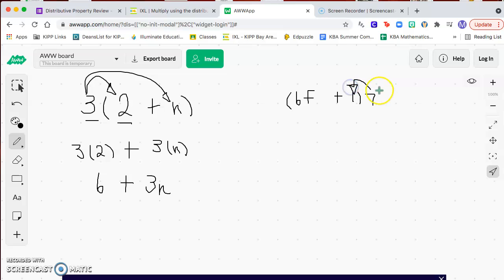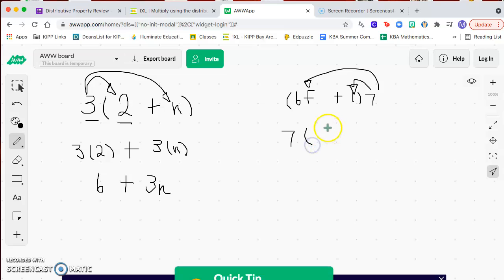Order doesn't really matter with multiplication. Or what you could do is change it so that the 7 just moves to the other side if that's something that you are more comfortable with. So regardless, all it means is you're multiplying the 7 with 6f and the 7 with 1.